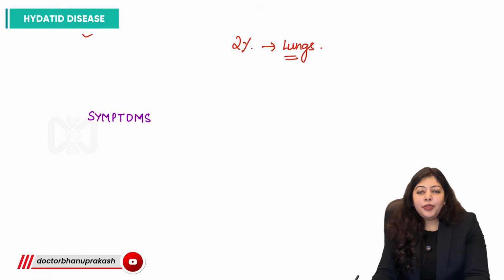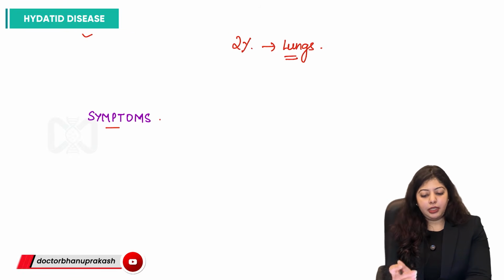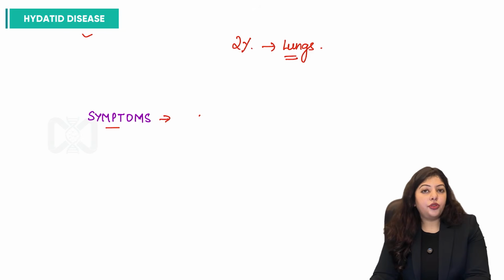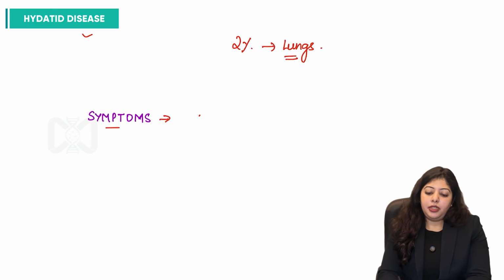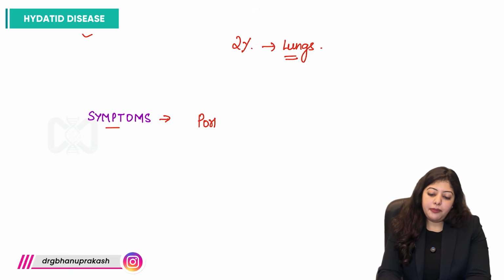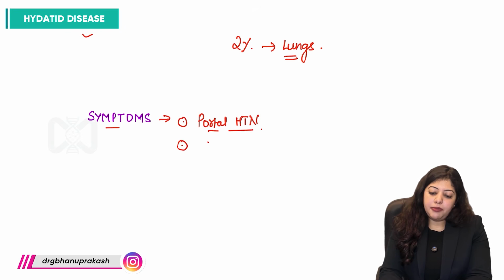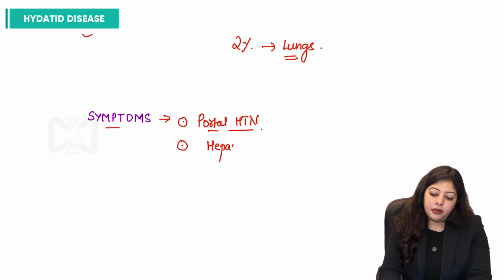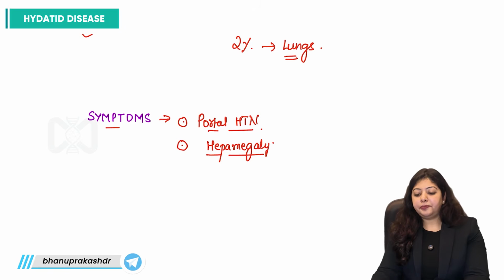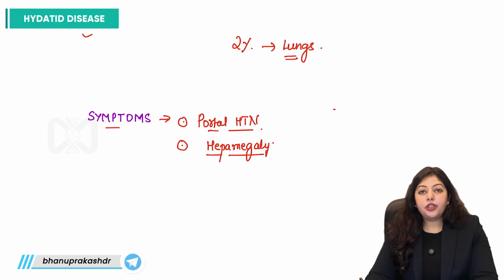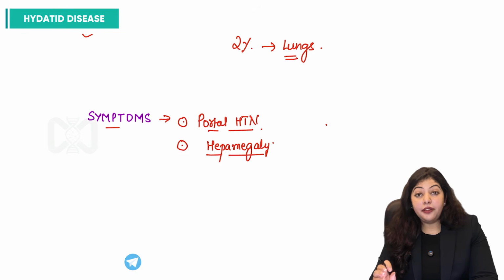So what are the symptoms? Symptoms are going to be similar to those seen in Echinococcus granulosus, but there can also be portal hypertension. There can be hepatomegaly. And one important thing, the cysts which are forming in this disease are firstly not globular or very well defined.